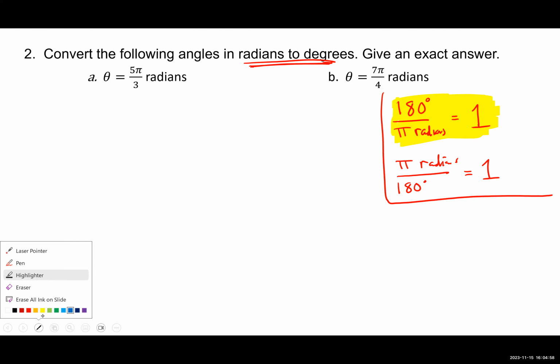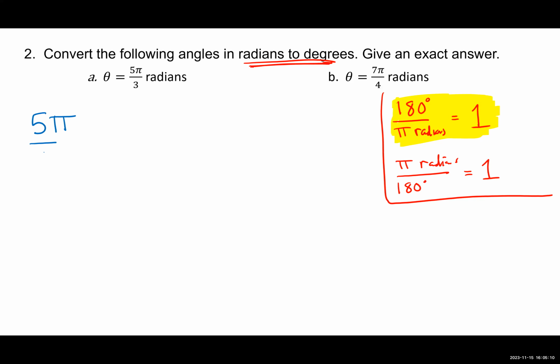Whatever unit you want to eliminate goes on the bottom. Right? Whatever unit you want to eliminate goes on the bottom. So we have 5 pi over 3 radians. So we're going to multiply radians on the bottom. The radians cancel radians, and actually pi cancels pi.